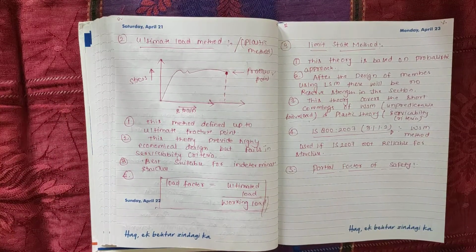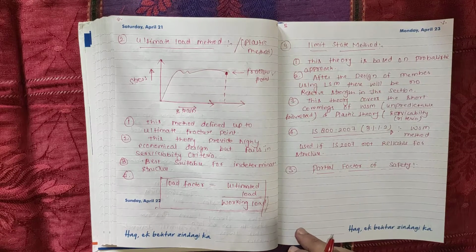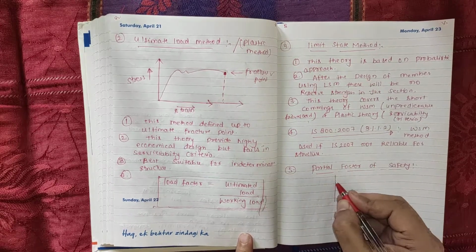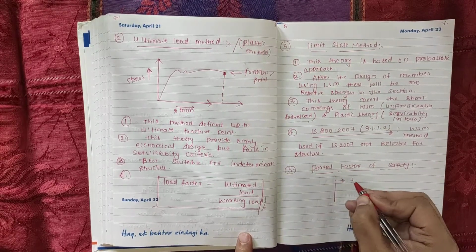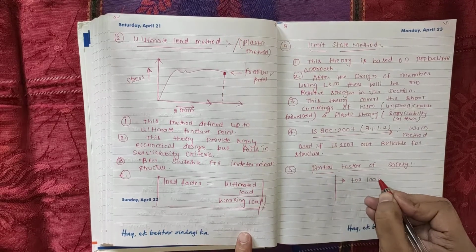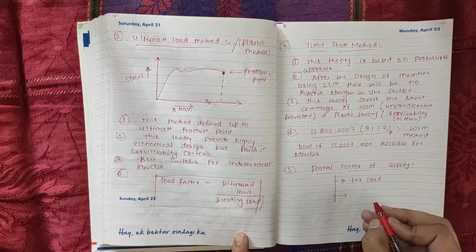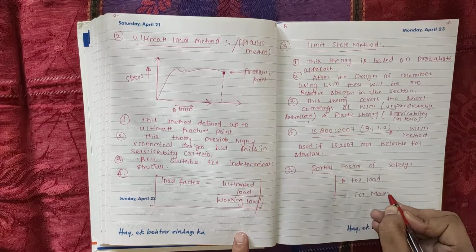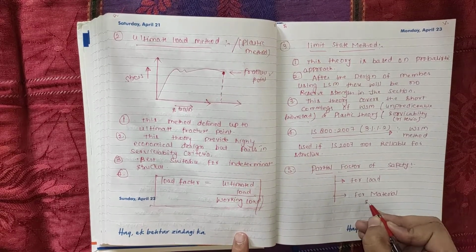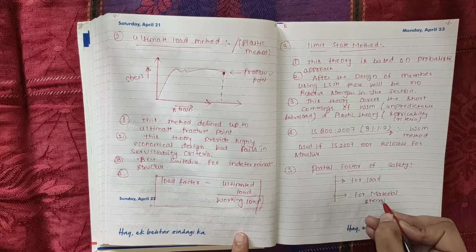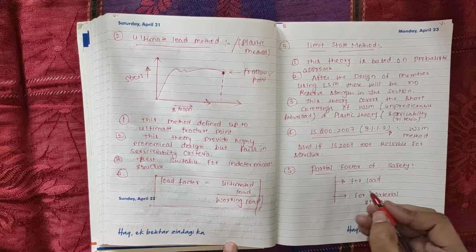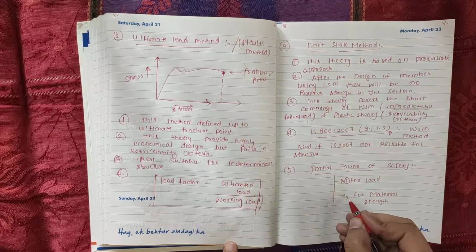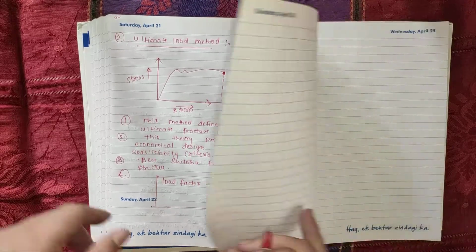Partial factor of safety is defined for load and defined for material strength. First for load, second is for material strength.